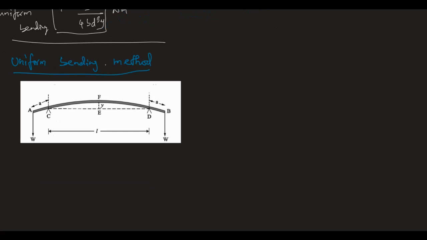I am going to add the loads at equal distances from the midpoint, and A and B are at equal distance from the midpoint F. So the midpoint is F, and the load added points are A and B. Our supporting knife edges are kept at C and D. So that length is L.